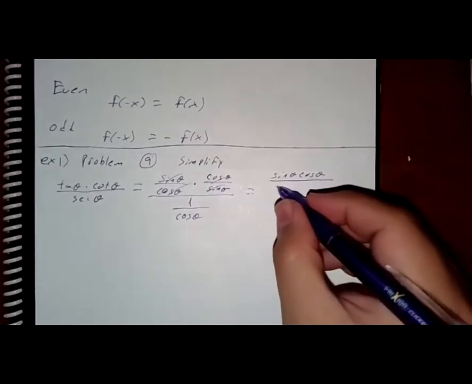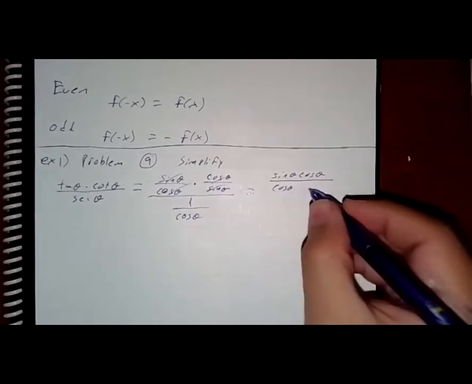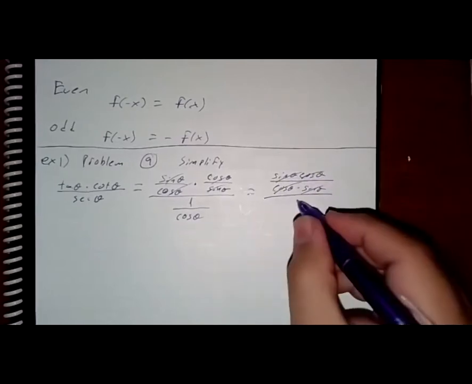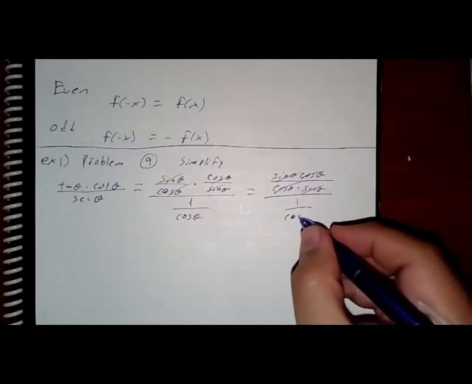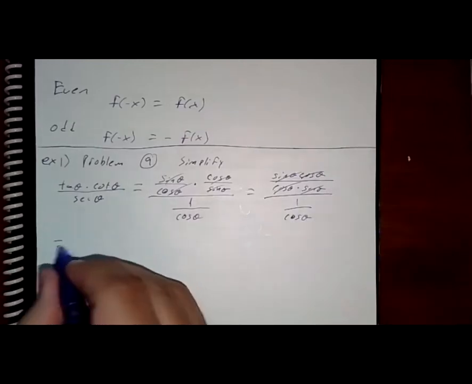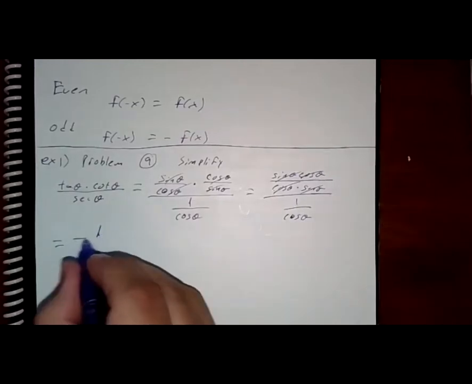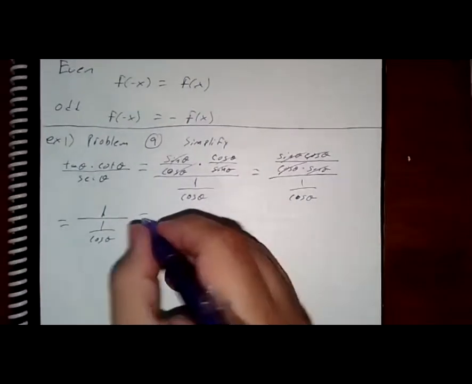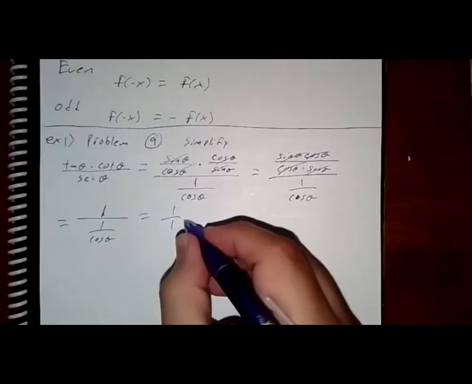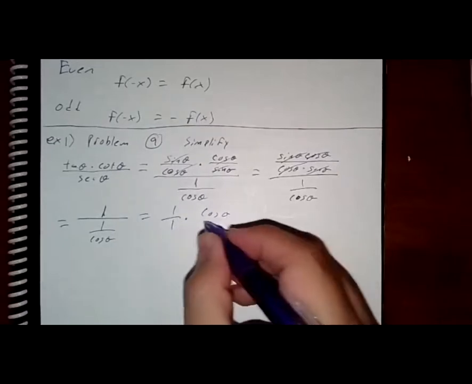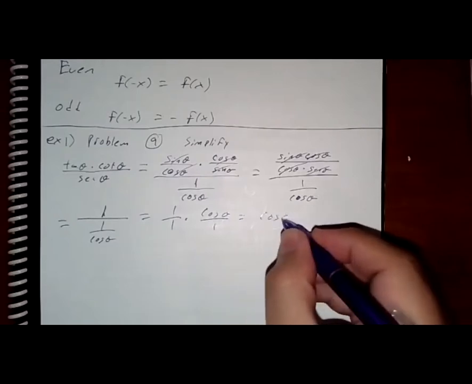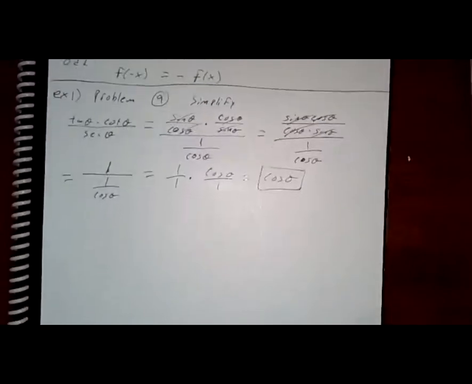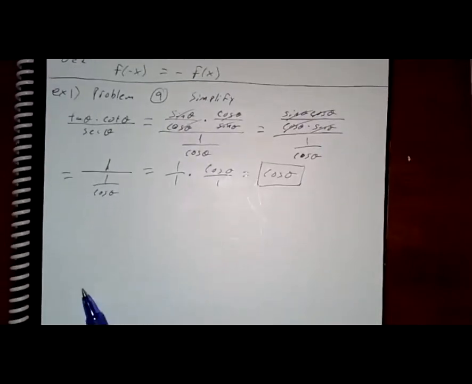The reason they cancel is because when you multiply, this happens, right? So now all we have to deal with is this cosine. So that becomes a 1, because everything canceled out, over 1 over cosine. And when you divide by something like this, you end up with 1 over 1 times a reciprocal, right? Over 1, which is basically cosine. So all this nonsense simplifies to a cosine. And that's what they wanted to see.